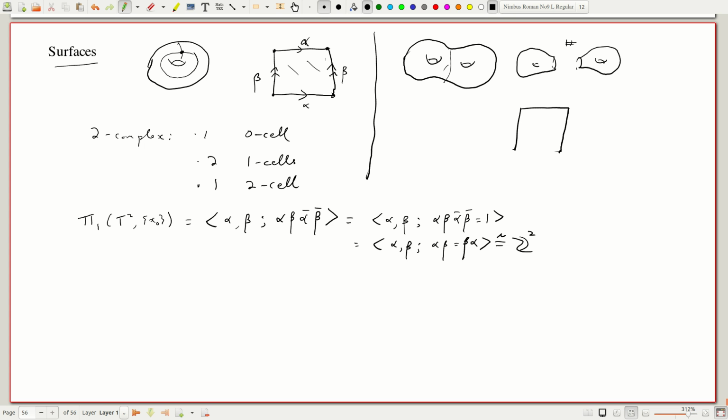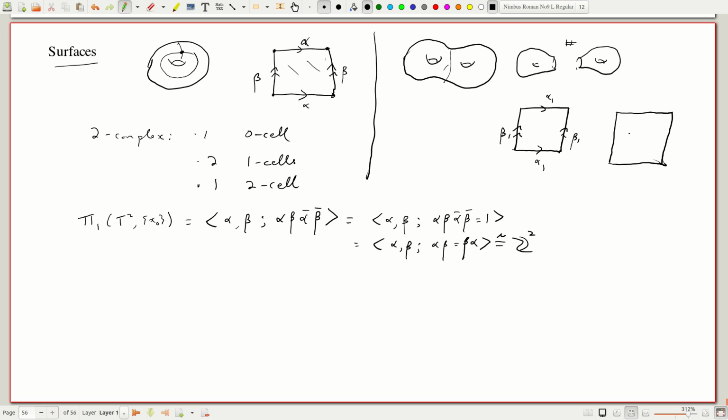So let's take 2 tori, and I'm going to call this side alpha 1, beta 1, and again we have alpha 1 but in the other direction, and again we have beta 1. So along the counterclockwise direction, it's alpha 1 bar and beta 1 bar, and we similarly have tori like this.